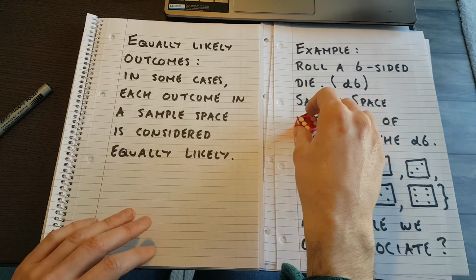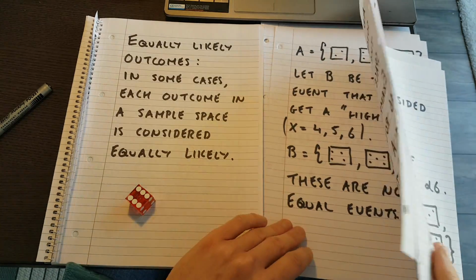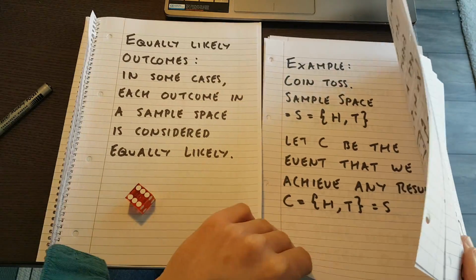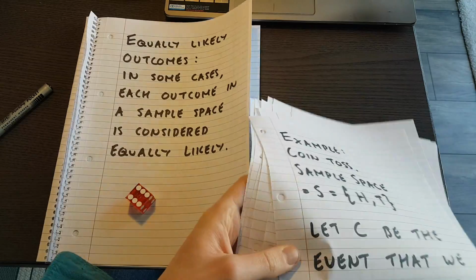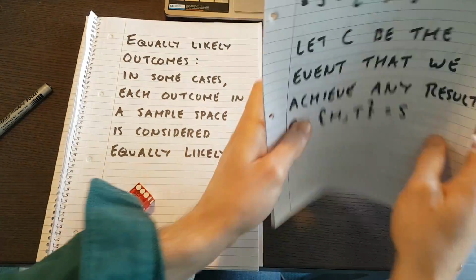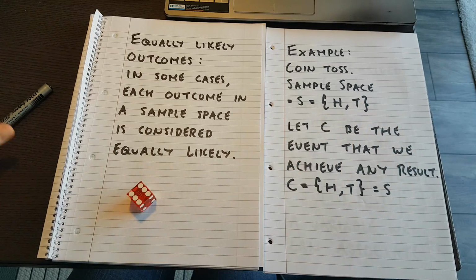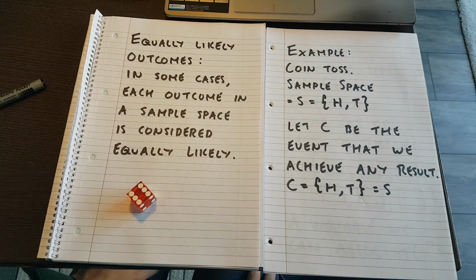In the same way, if I had my sample space for a coin, we see that the two outcomes are heads and tails, and if I have a fair coin, I would assume those to be equally likely.